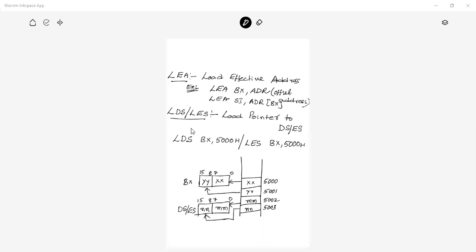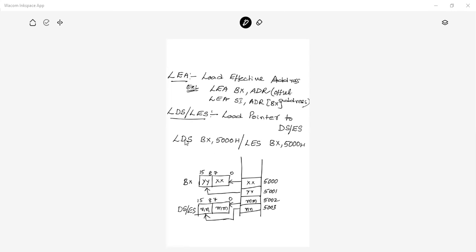Next one is load data segment or load extra segment. You just see how we copy some value into the BX register and also some value into the DS or ES register.